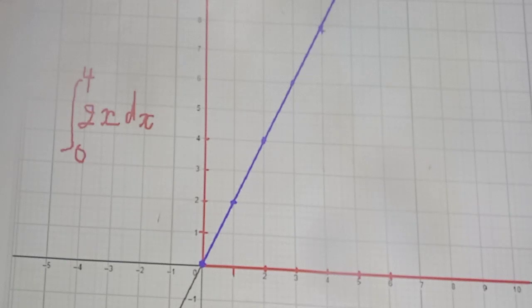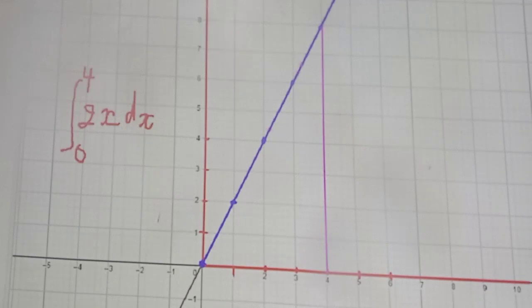Now, we can say that 4 is the end of our boundary. We draw a vertical line which passes through 4.